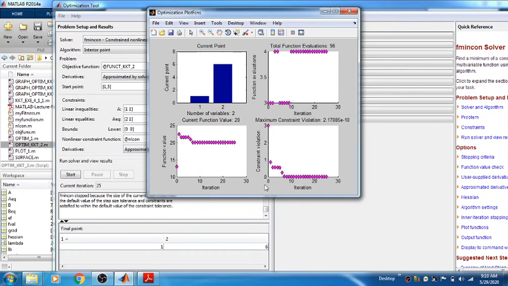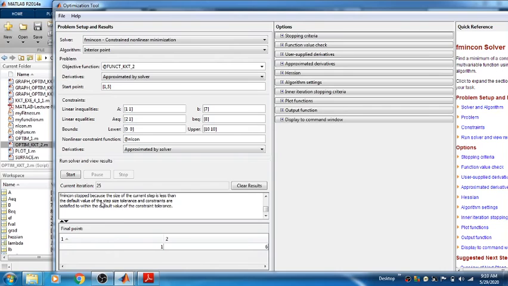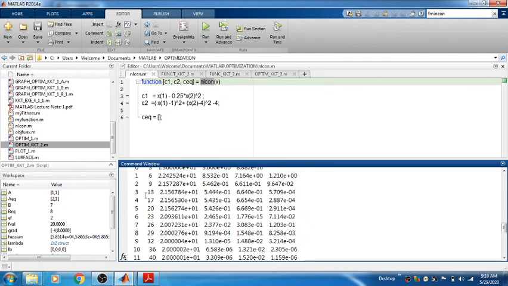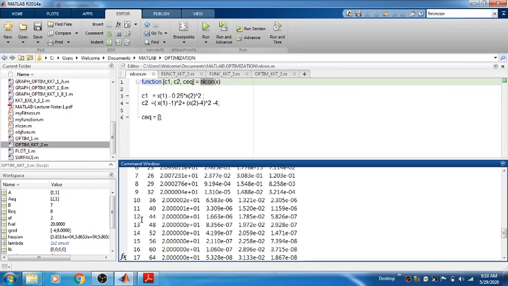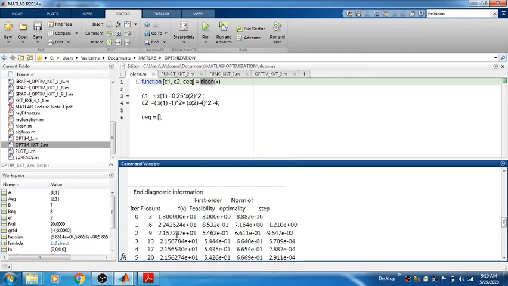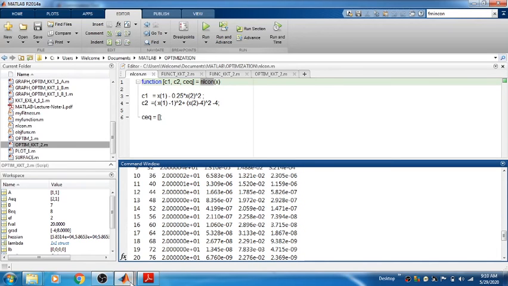So the things here, if you see, x1 is here 1 and x2 is here 6, and you can see here what the result was. After 25 iterations, we are getting this answer, right? So this is the way to do this type of problem.